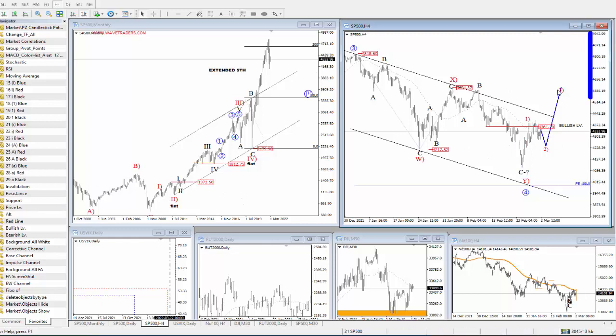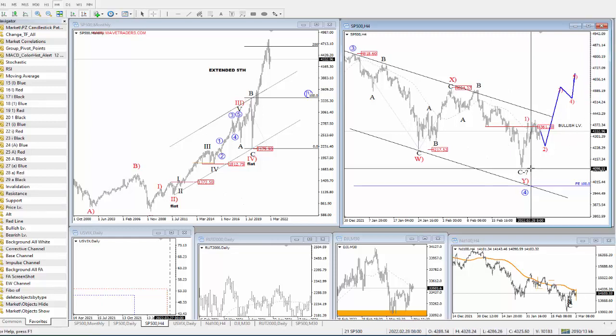We respect that this could be just another corrective flag. In either case, I think that there is a real chance, at least from a technical perspective, that this market could see some recovery. Also, I see a lot of bearish sentiment on DAX. So I think that if this market is based on extreme readings, we'll see some recovery in the near future.